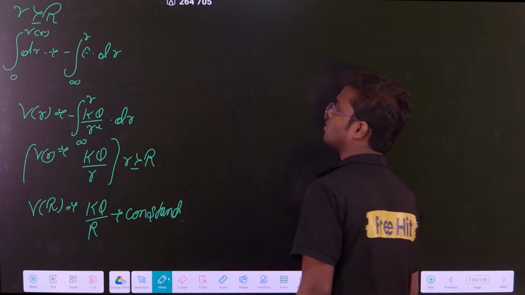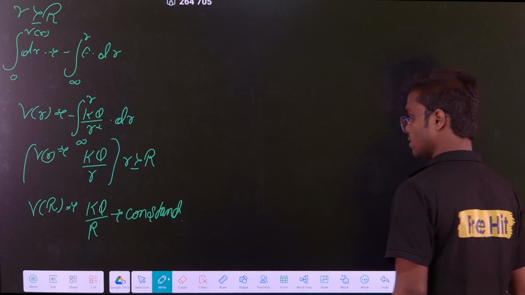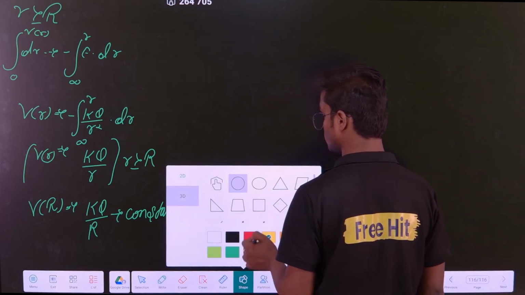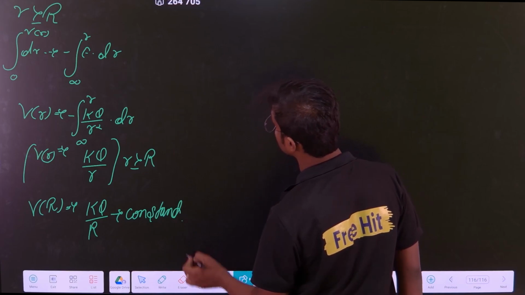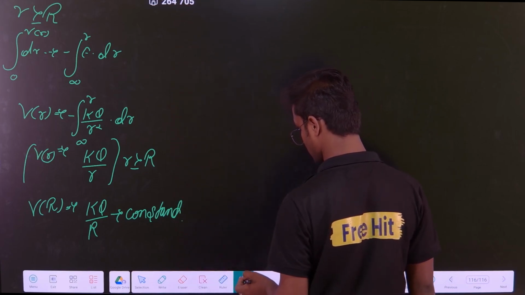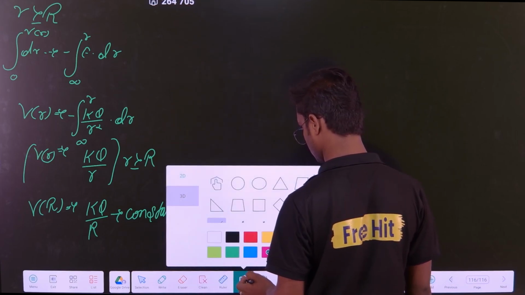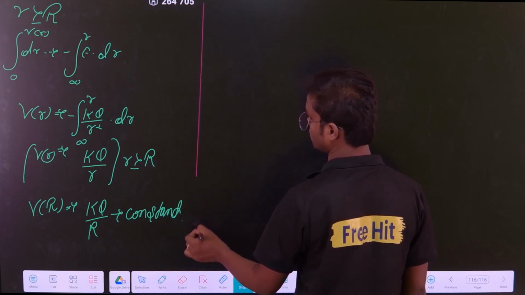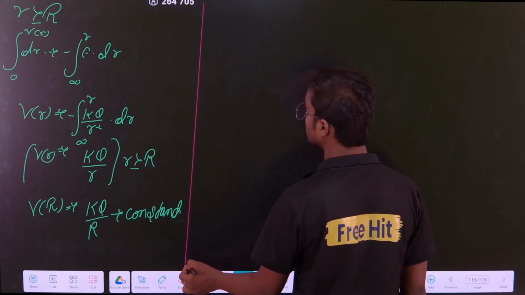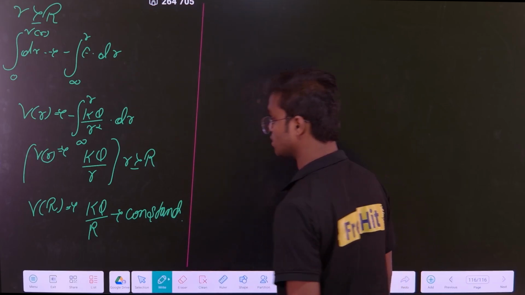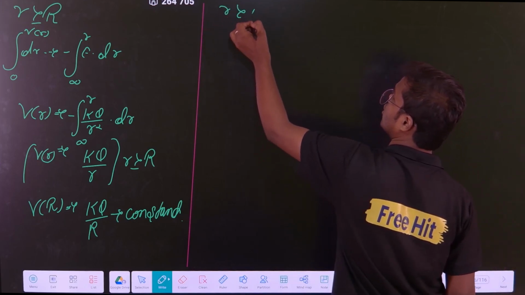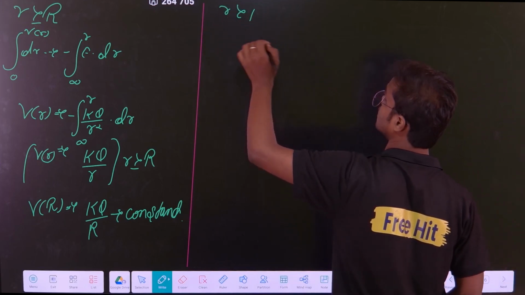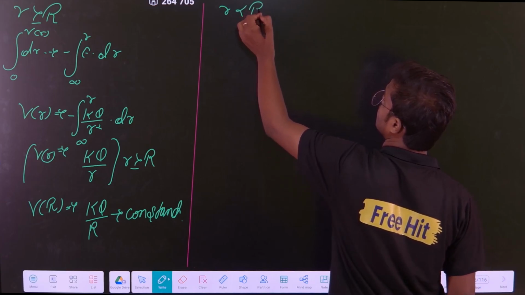Okay, that is okay. But the important part is for r greater than capital R, that is for the outside point.